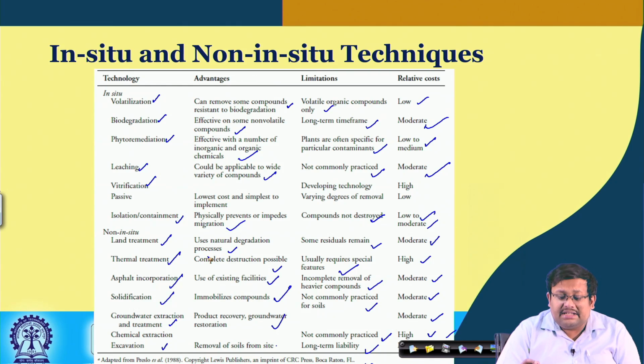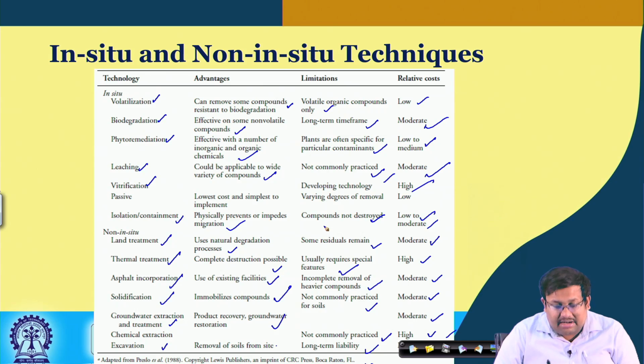Vitrification is a developing technology and the cost involvement is very high. These are some advantages and limitations of different in situ techniques, and I hope this slide summarizes the major take home message from the different in situ and non in situ techniques which we have discussed over the last 2 lectures.